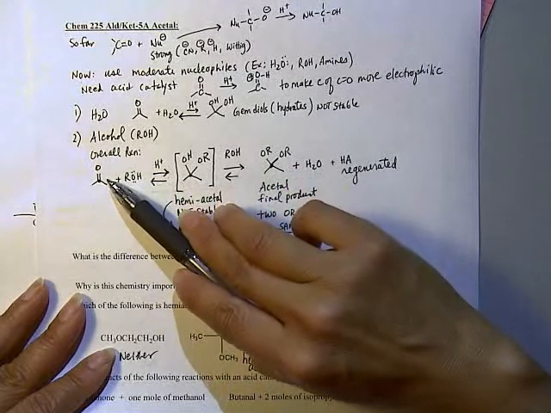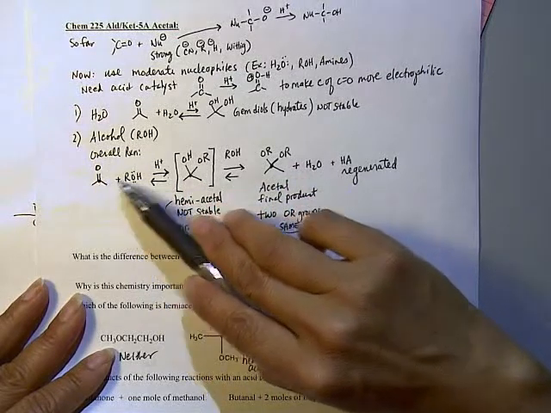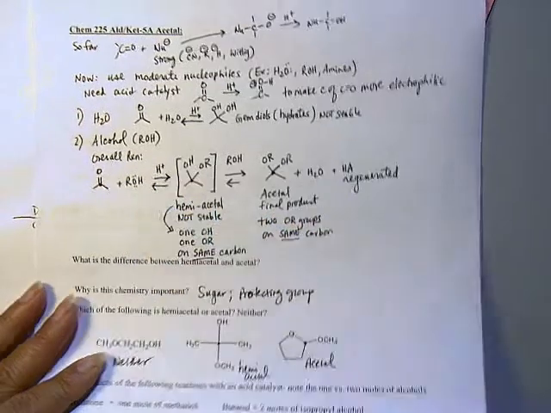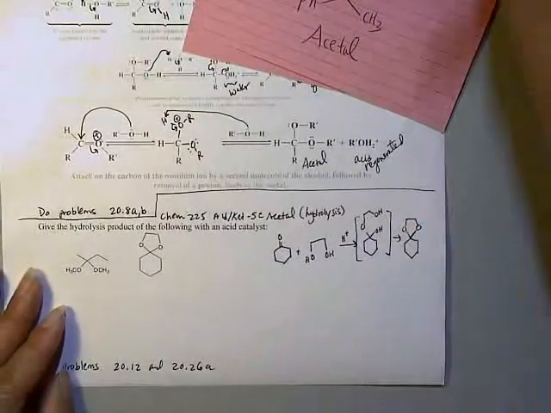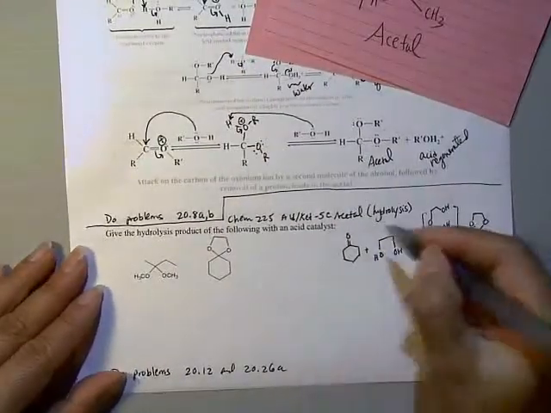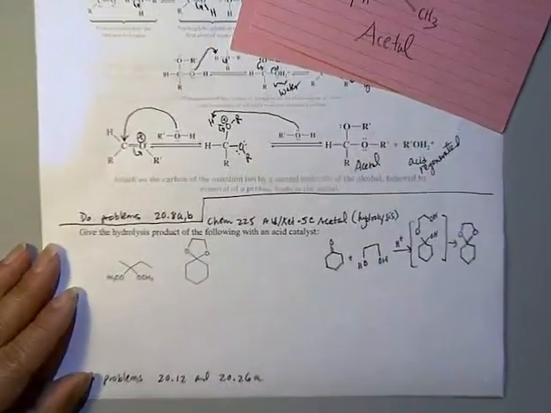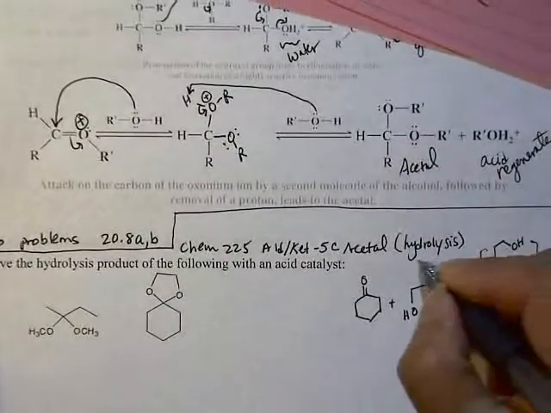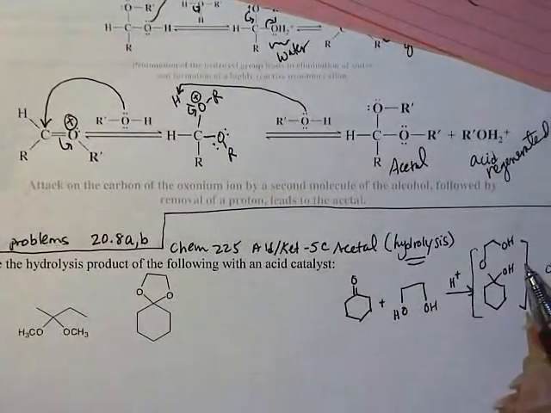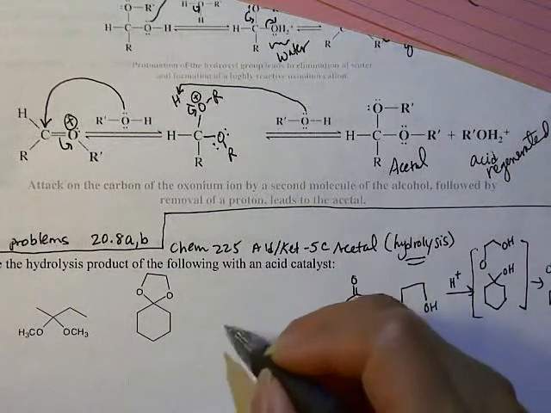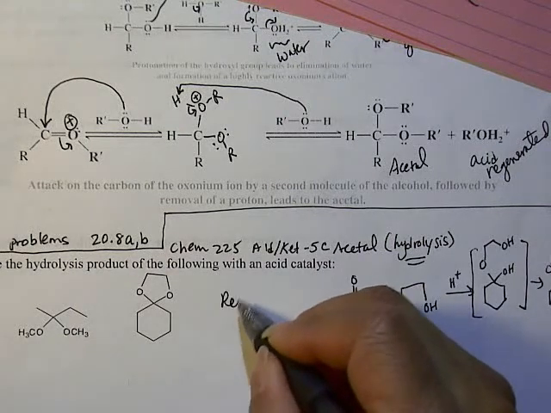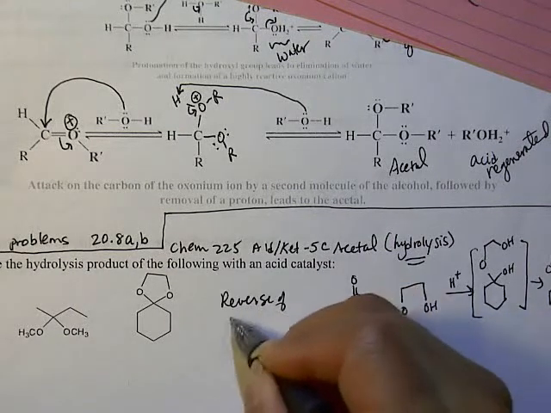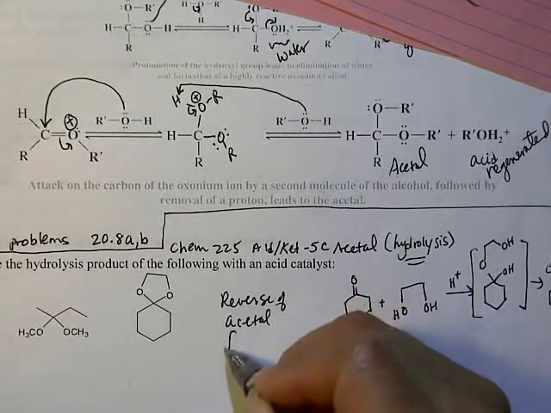Then you isolate the starting material, which is the carbonyl and the alcohol, all right? So that's called hydrolysis, which is what I want to briefly look at. So hydrolysis is just a reverse of acetal formation.